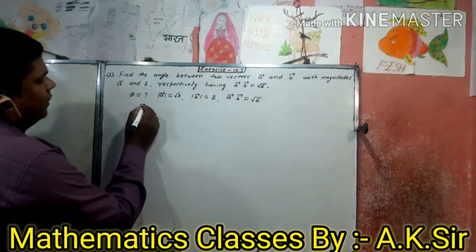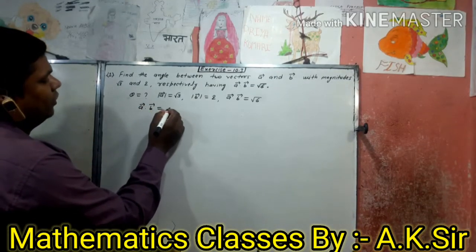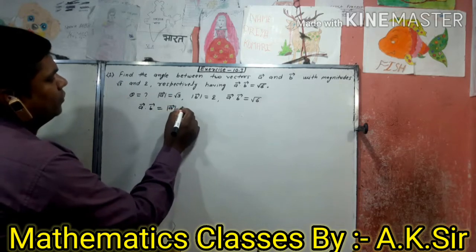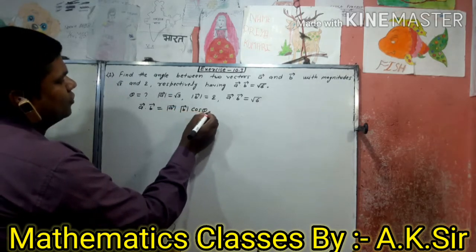We know that A dot B is equal to the magnitude of A times the magnitude of B times cos theta.